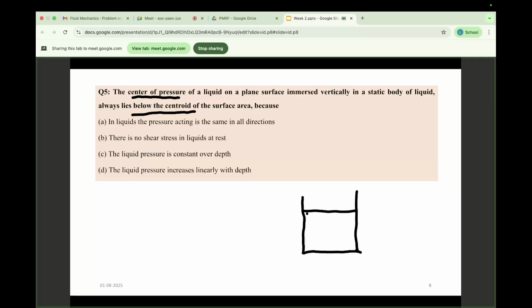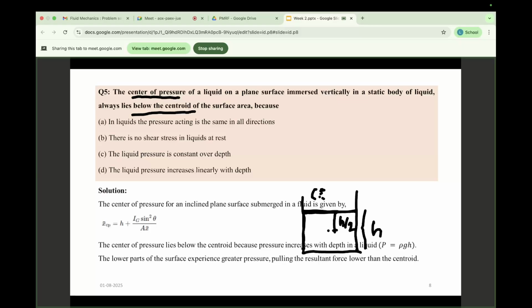In 2D, it appears to be a square or rectangle. Assume it as a square. Its centroid should be, if its height is h, at h by 2, right? So say this is the position of the centroid. I am talking about the centroid here.